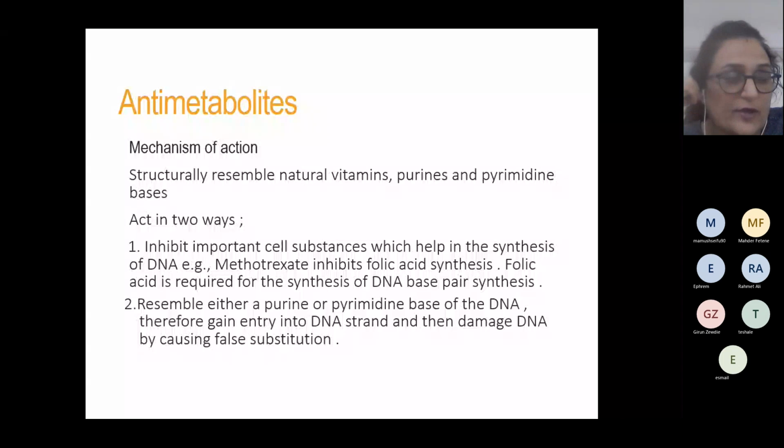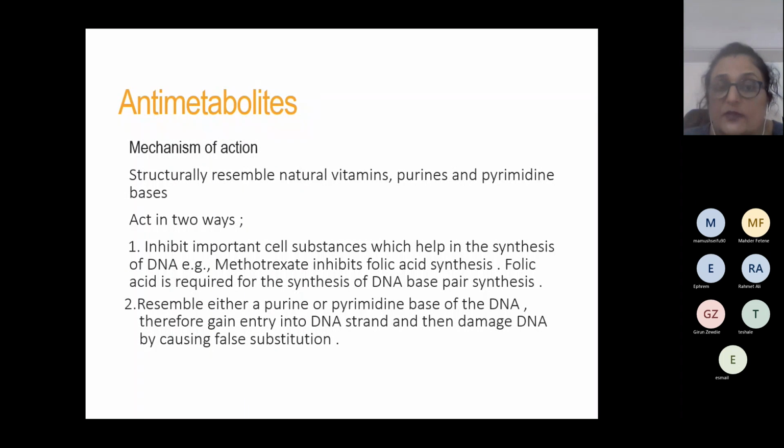What is the mechanism of action of antimetabolites? They structurally resemble natural vitamins, purines, and pyrimidine bases. These purines and pyrimidines are present in the nucleus, which are useful, and vitamins are present naturally, which can be useful in the DNA synthesis procedure also.